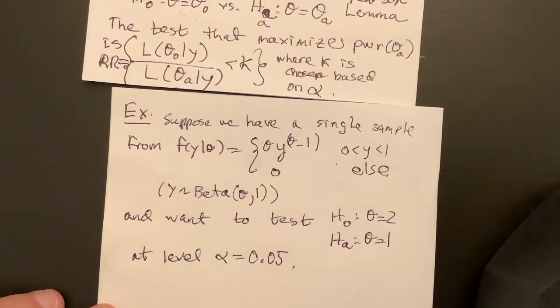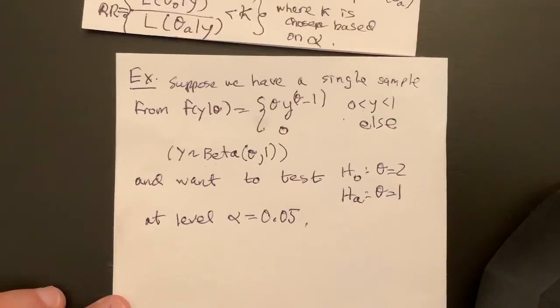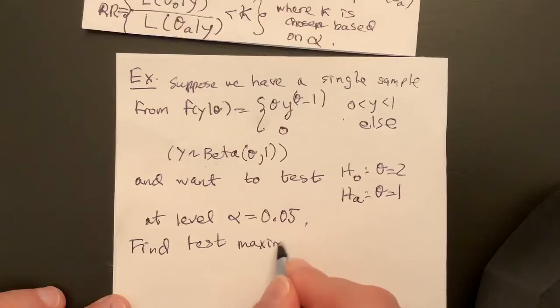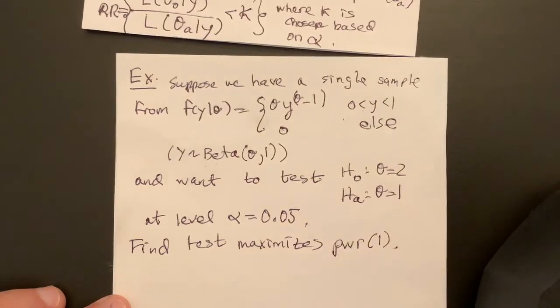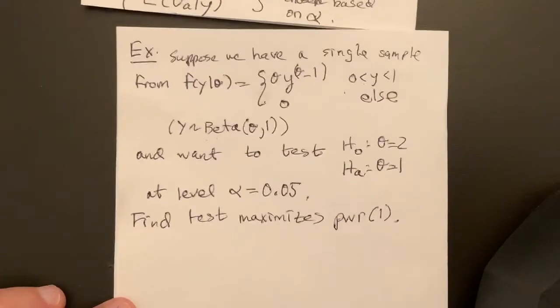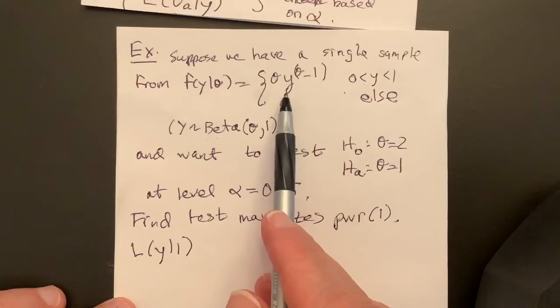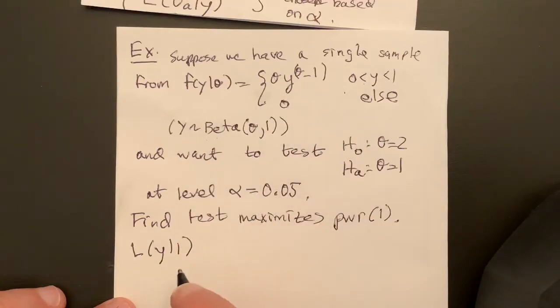Okay, so let's apply the lemma. The question is to find the test that maximizes the power function at theta equals 1. We have to compute the likelihoods. So I have L(y | 1). For the alternative hypothesis, if I plug in 1 for theta, I just get the uniform distribution, right?